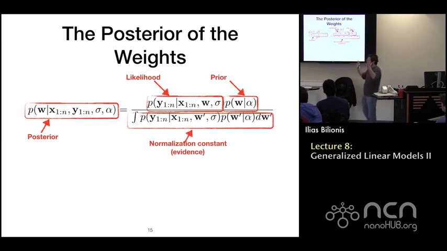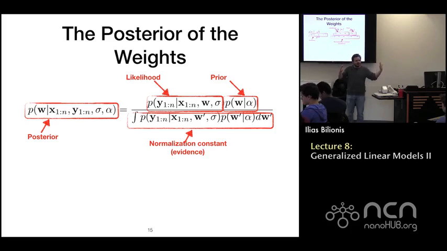Okay, but here's the whole picture. So you're saying, let me see some data. What is the right way to update my state of knowledge about the weights of my model? And you say, okay, here are my weights. Let me just condition on the data I see using Bayes' rule. And when you use Bayes' rule the right way, when you condition, you're going to get likelihood times prior.